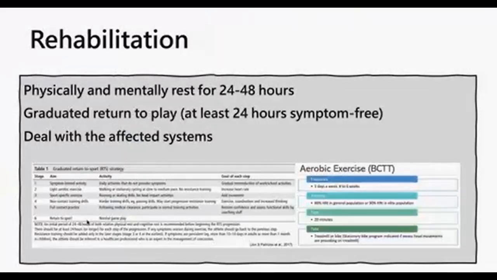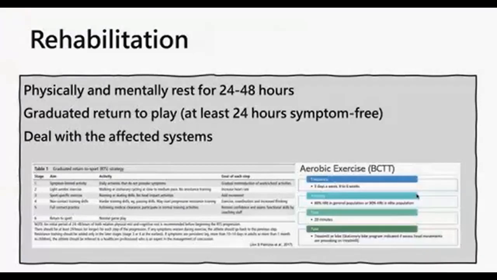within 7 days. And here is a protocol for aerobic exercise after the Buffalo concussion test. So in brief, the Buffalo concussion test uses aerobic exercise to challenge your autonomic system. We will perform an exercise test and monitor the heart rate, and we will see when the symptoms are provoked and set that as the target heart rate.